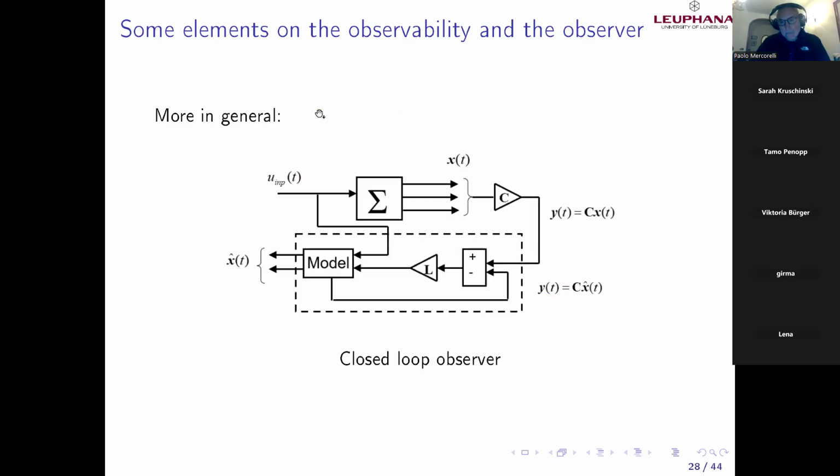To sum up, what is a closed loop observer? In the closed loop observer, we try to estimate, look at the system sigma. This is the real system. It's less abstract than before. Do you remember? The real system is representable using matrices A, B, and C. At this moment, it doesn't matter what they are.